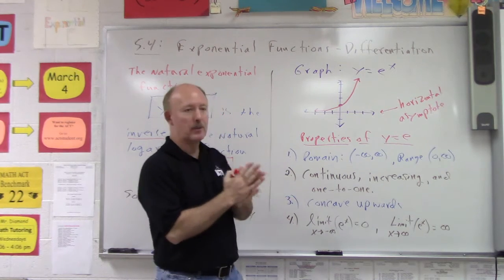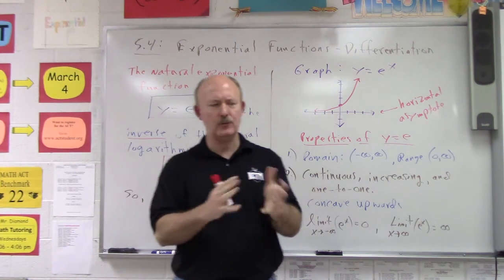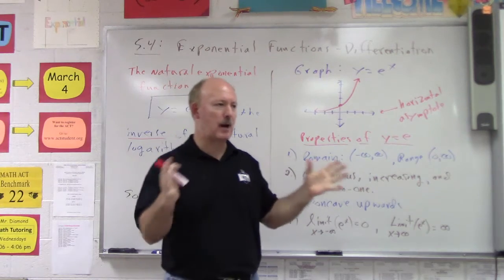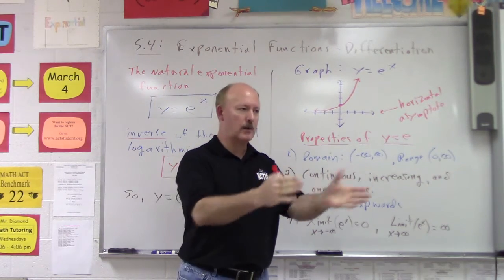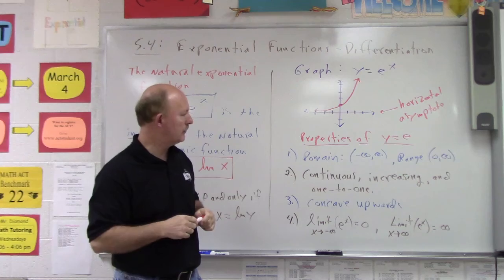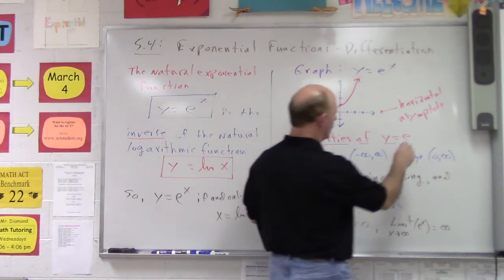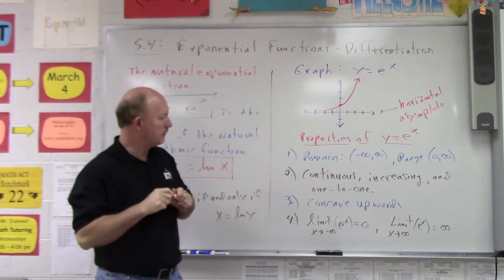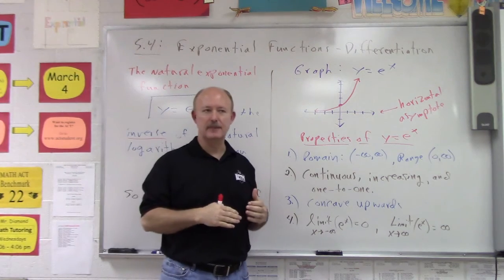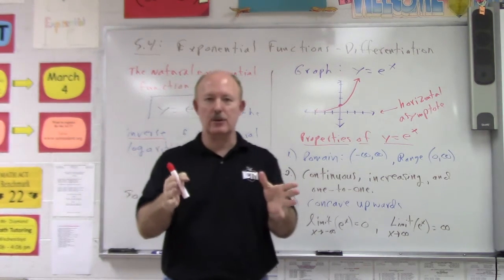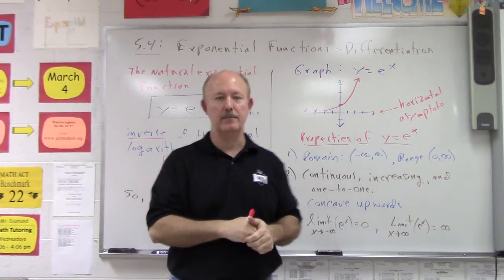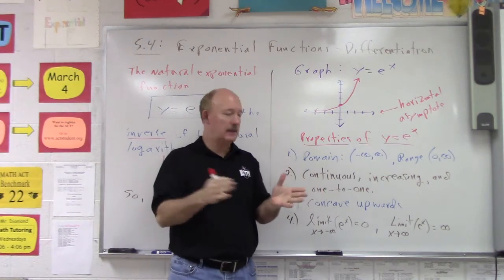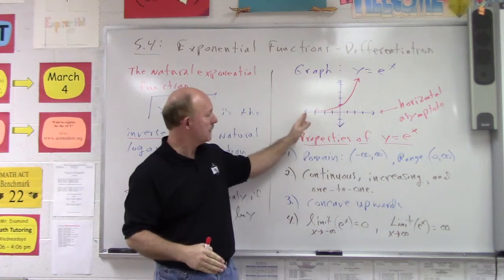Now a couple of properties I want to talk about. We looked at the same type of properties with the natural logarithmic function earlier, but here are a couple of properties of y equals e to the x. First, the domain. It's very apparent as you look at the graph.